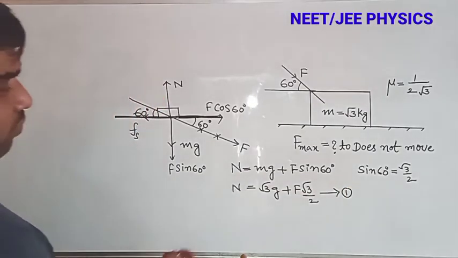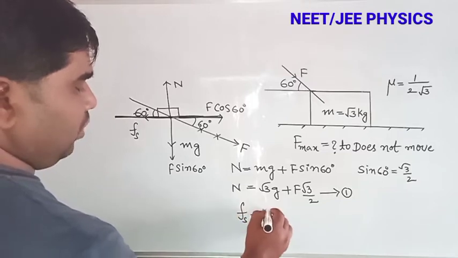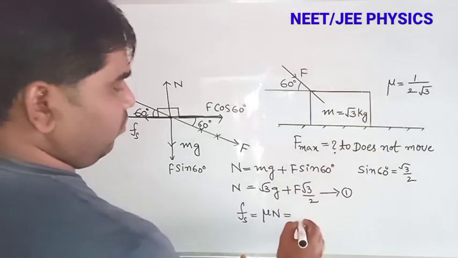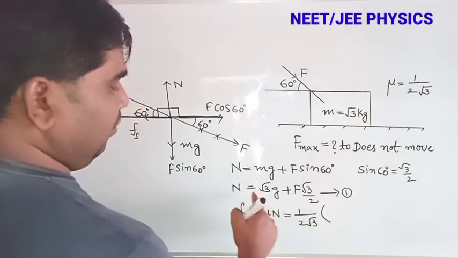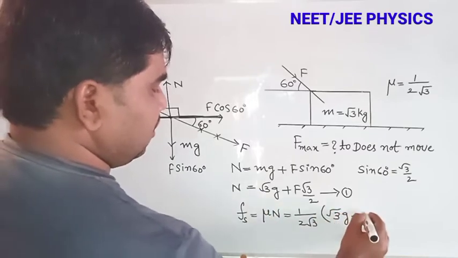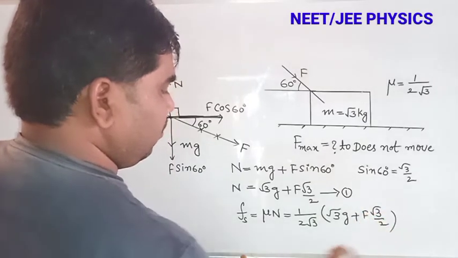Here, what is the static frictional force? Static frictional force Fs equals mu into N. Here mu is 1 by root 3, and N is root 3 g plus F root 3 by 2.